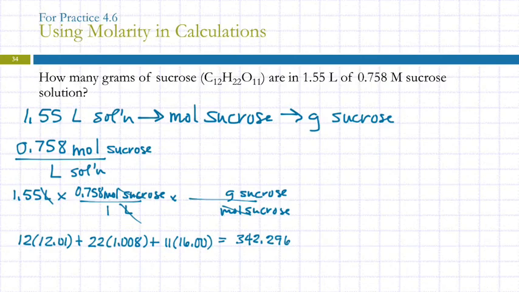Now my shortcut for sig figs on these molar masses is, if you're using molar masses that are rounded to 4, then this would have 4. Doesn't hurt to write down all of it. That would be grams per mole for sucrose. So here I have grams on the top and moles on the bottom. So I want to put the 342.296 on the top, and that's per 1 mole.